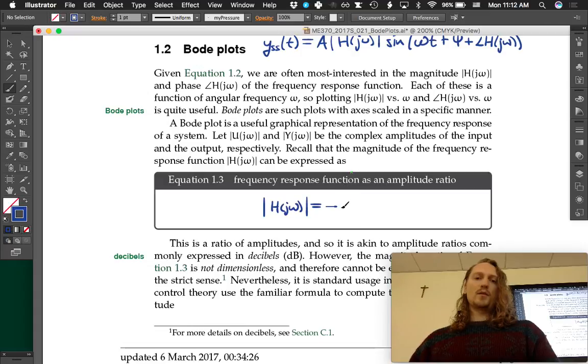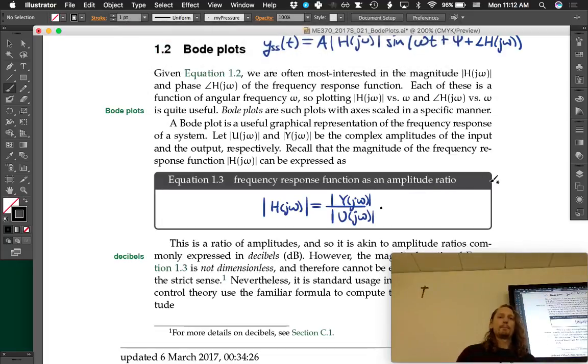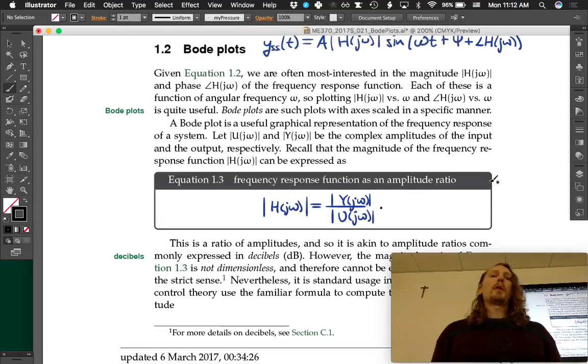Yeah, magnitude of y over magnitude of u, right? Divided by magnitude of u, j omega. So that was from our definition, right? Our definition is that h is equal to y over u, and we just took the magnitudes. So, yeah.